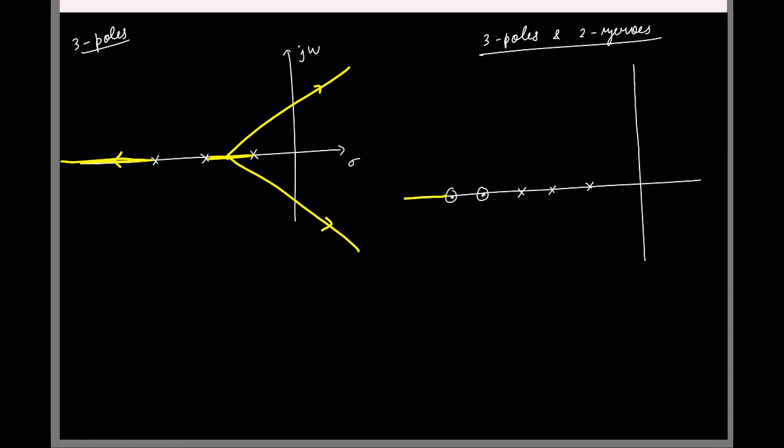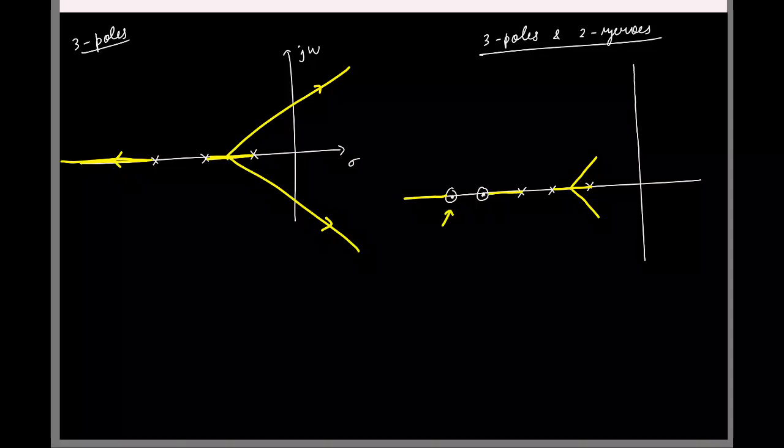Can I have root locus here? Yes. Fine. So it means here I'll have alternate segments. When I didn't have the zeros, they were doing something like this, right? Now I have 2 zeros, so which means they cannot go to minus infinity.